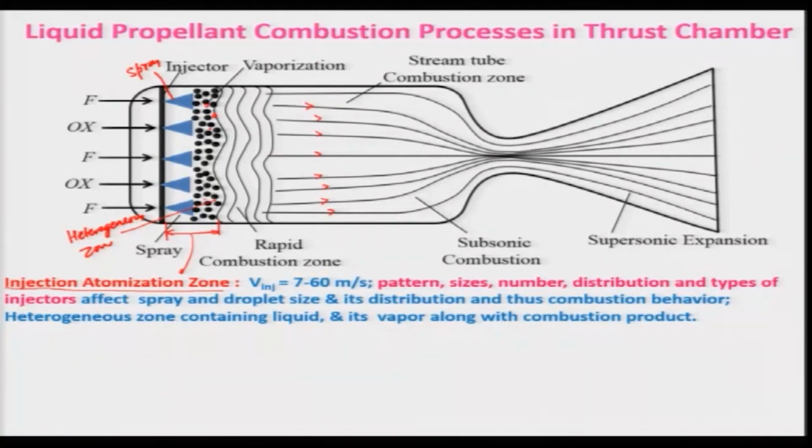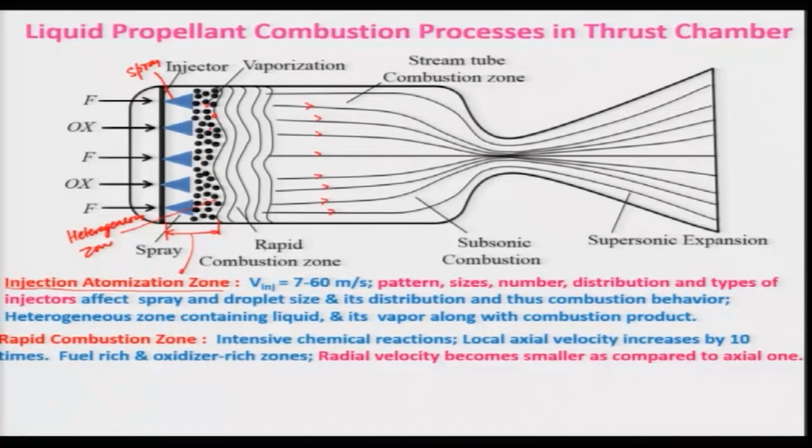The next zone we will consider is known as the rapid combustion zone. This is your rapid combustion zone, where intensive chemical reactions are taking place. The chemical reactions are quite complex in nature, and modeling them is beyond the ken of present day work, because there is a liquid phase and also a gaseous phase.